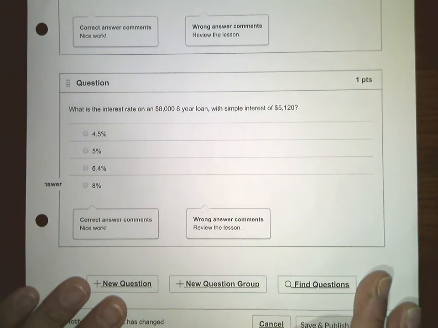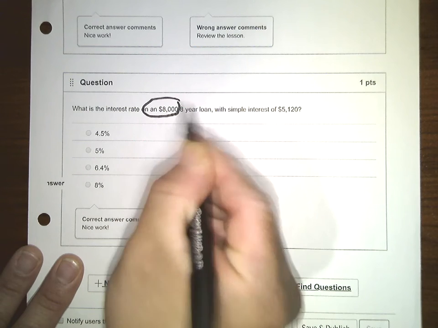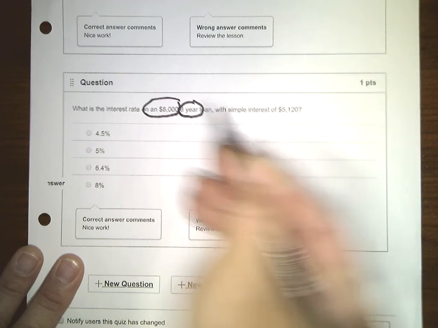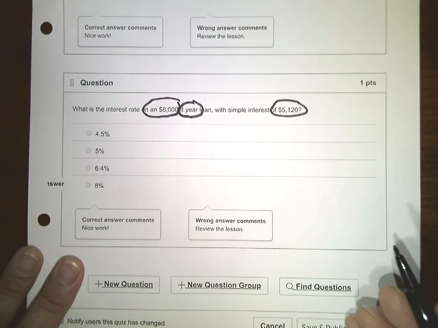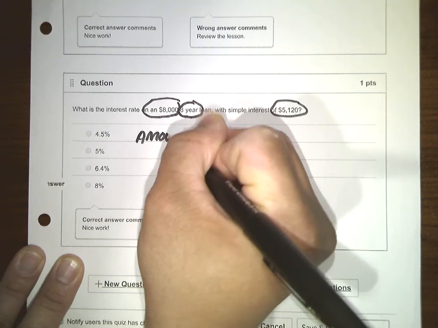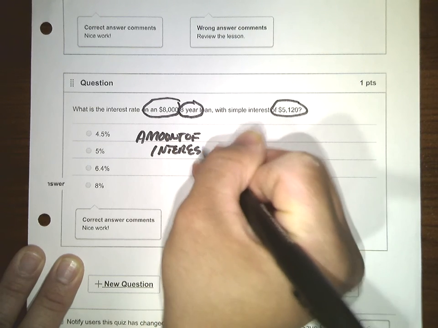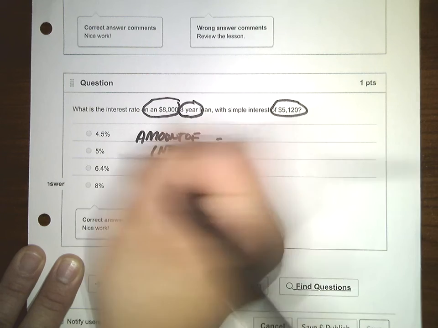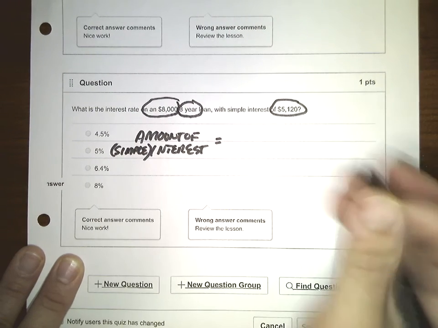So this one is what is the interest rate on an 8,000, 8-year loan with simple interest of $5,120? So again, the amount of interest is going to be, and that's the amount of simple interest. Again, we're not doing anything crazy here yet.